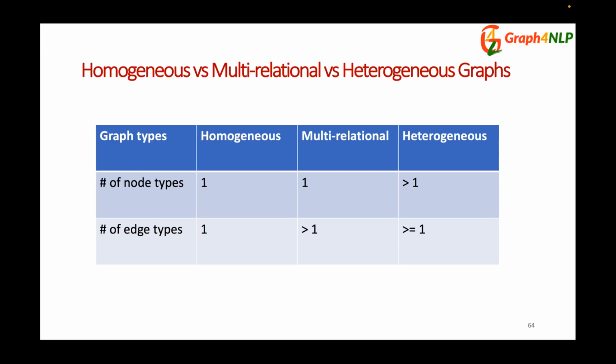If the number of node types is 1 and the number of edge types is also 1, we call it a homogeneous graph. If the number of edge types is larger than 1, we call it a multi-relational graph. Otherwise, we call it a heterogeneous graph, which usually has more than one type of nodes.